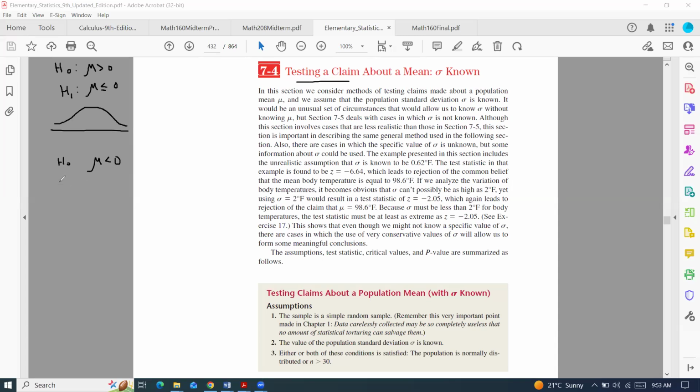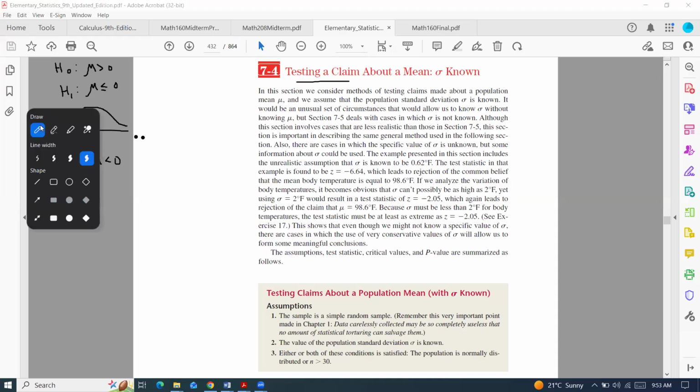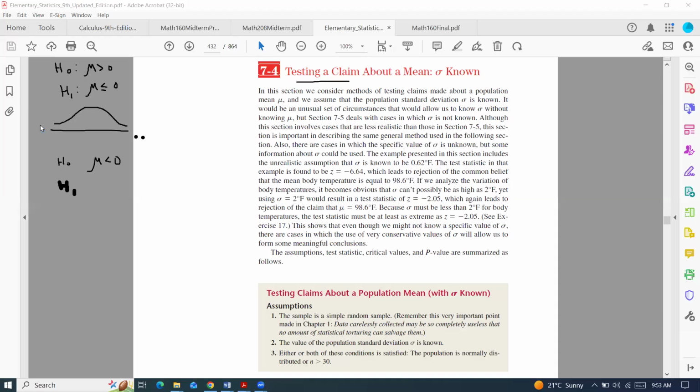Let me write it down, H1. Oh, that's very nice and thick. That's too thick. Why is it so thick? It's not supposed to be this thick. Let's see.